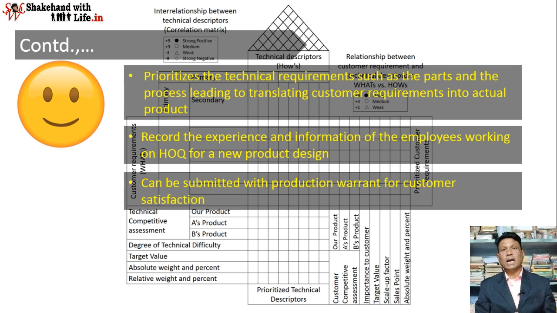So here we have the section for prioritized technical descriptors. So here QFD prioritizes the technical requirements such as the parts and the process, leading to translating customer requirements into actual product. So what kind of parts are required to assemble a product, what should be the process there to manufacture a product according to the design requirements.